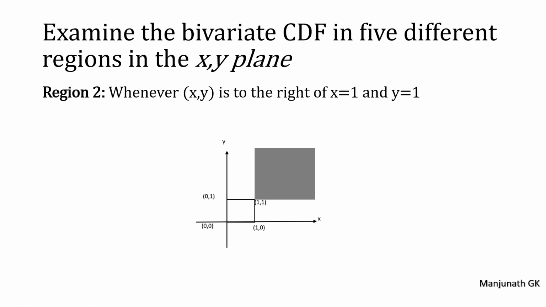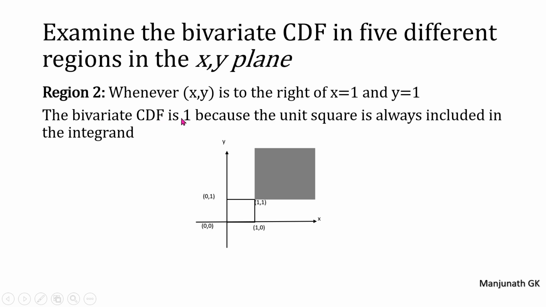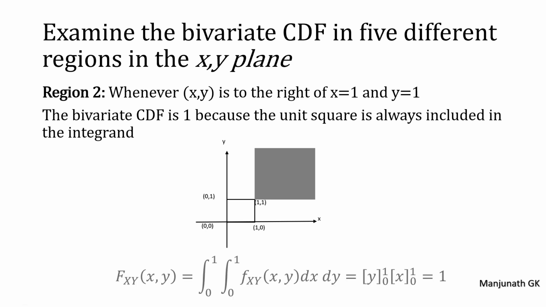In this region, the CDF is 1, because the unit square is always included in the integrand. The values of x and y are beyond 1, so x and y varying from 0 to 1 means the unit square is always included. The value of the PDF over the unit square is 1.